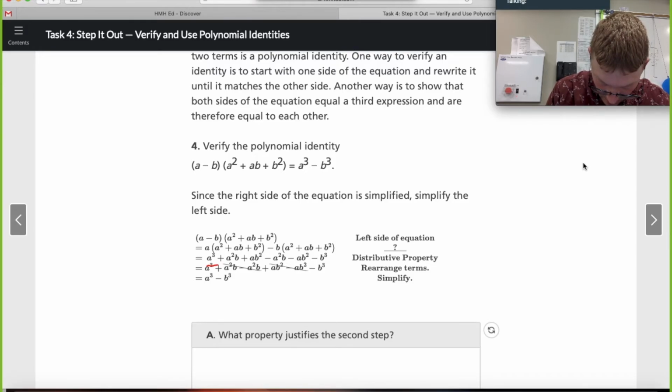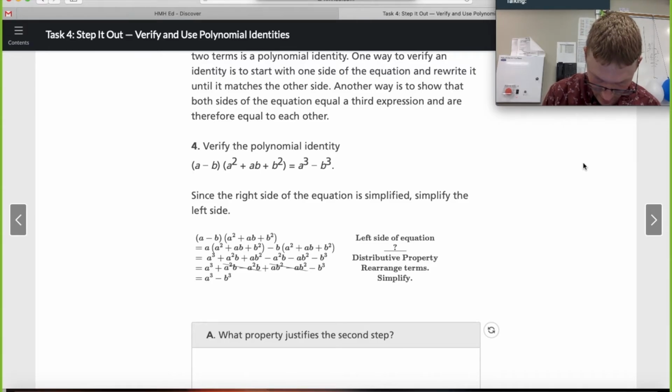We get our a cubed, a squared times b, a b squared, minus a squared b, minus a b squared, minus b cubed.